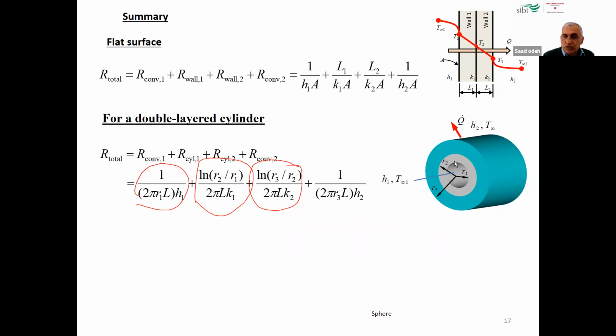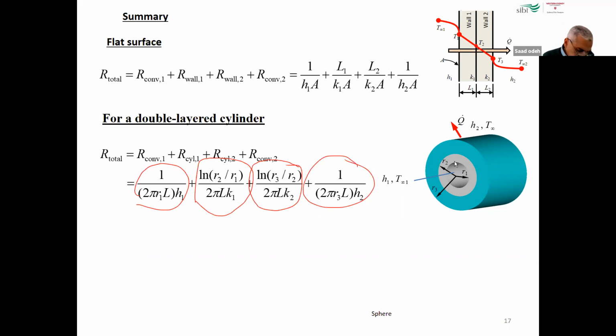Probably it's insulation, or a copper cylinder or aluminum cylinder. And then at the end, we have the outer fluid heat transfer.